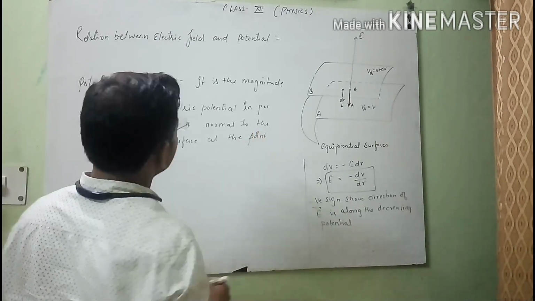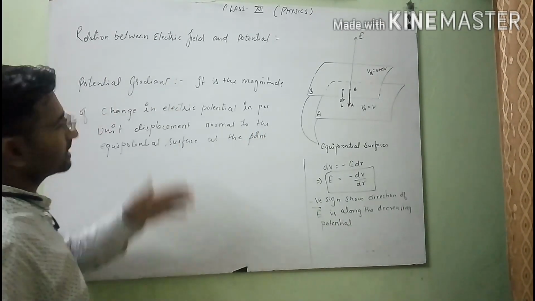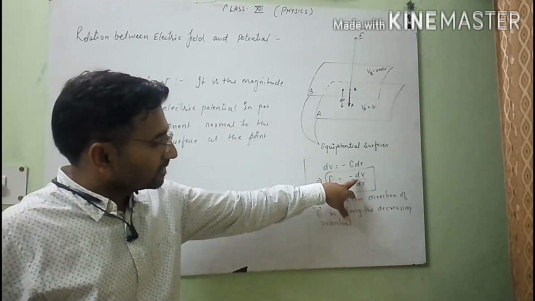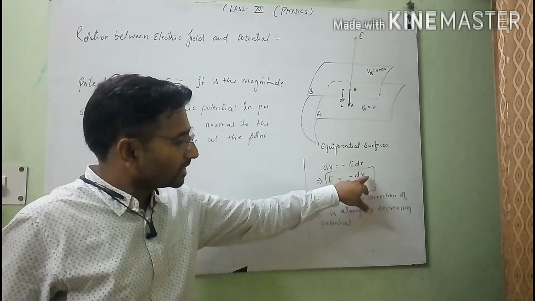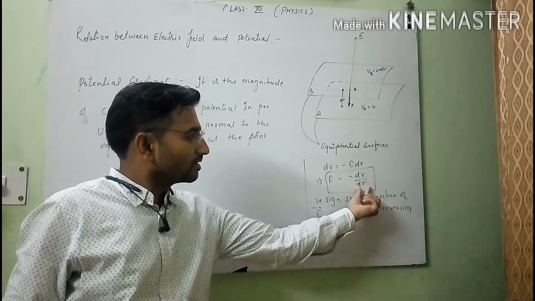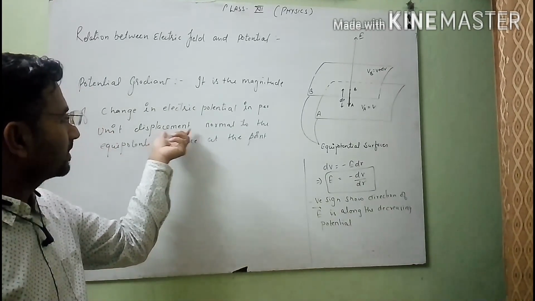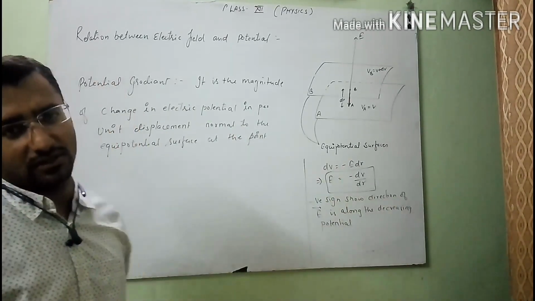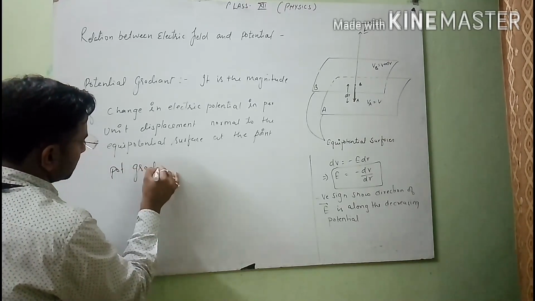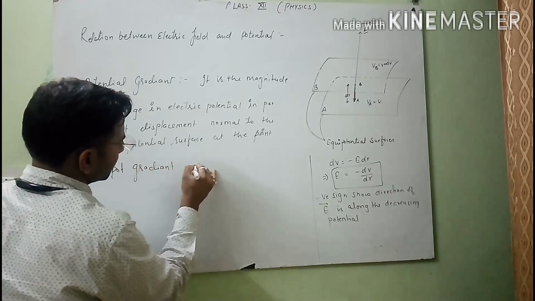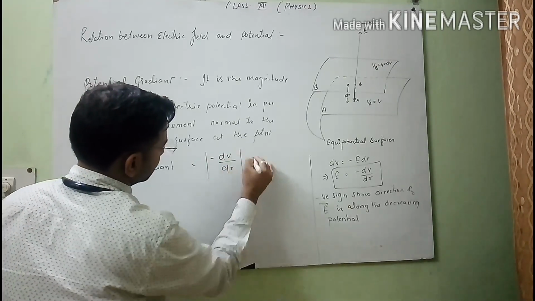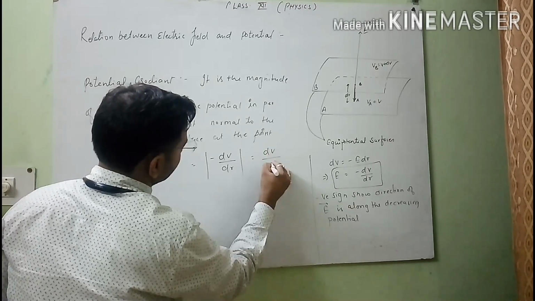So the potential gradient at any point is the change in electric potential per unit displacement normal to the equipotential surface. So dear student, the potential gradient is the magnitude of dV over dr, or you can write it as dV over dr.